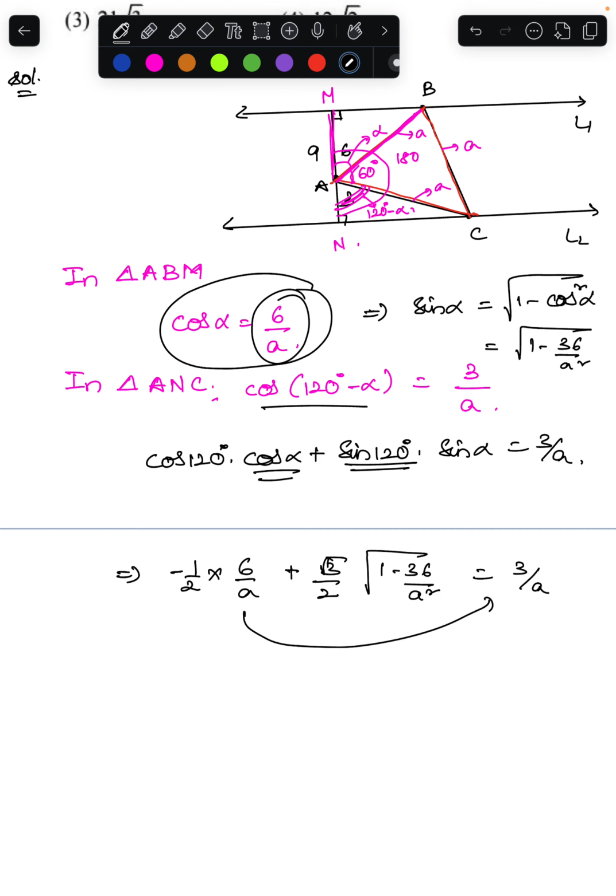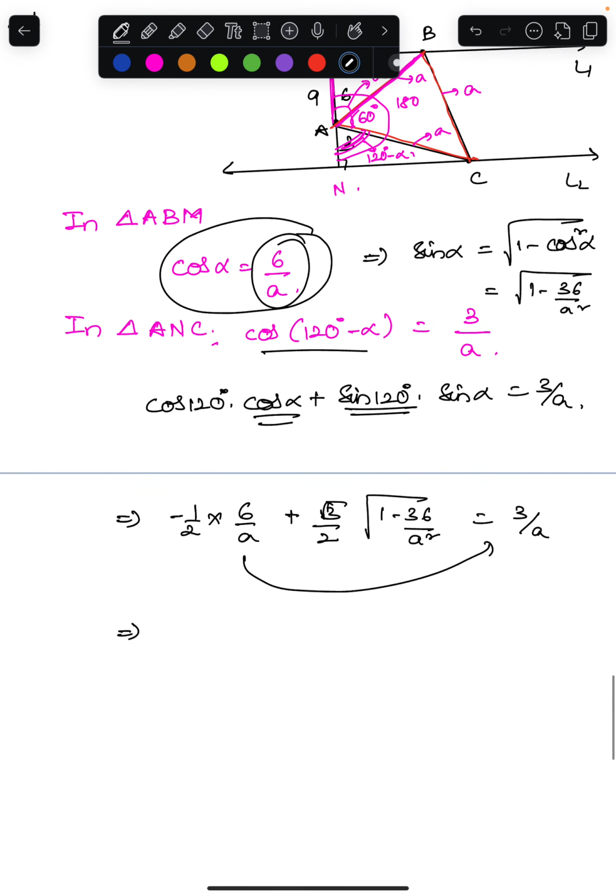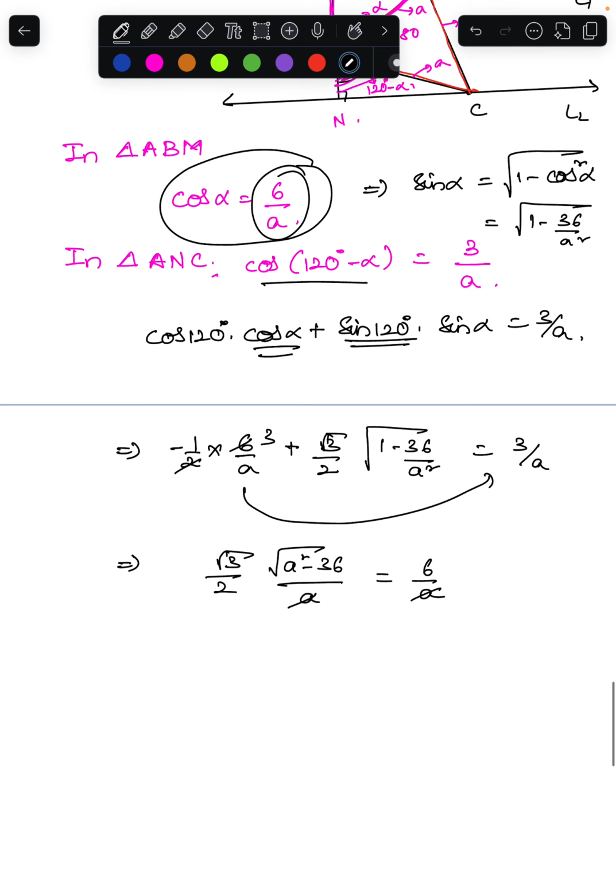Substitute over here: minus 1 by 2 times 6 by a plus root 3 by 2 root of 1 minus 36 by a square equals 3 by a. Now take this to that side. So you will get root 3 by 2 into root of a square minus 36 by a equals 3 by a plus 3 by a, which is 6 by a. So this a is going to cancel.